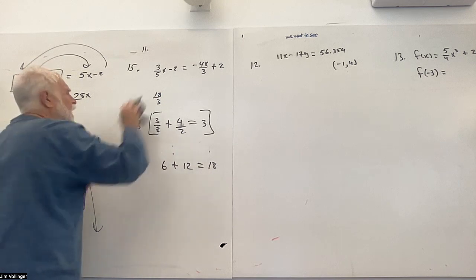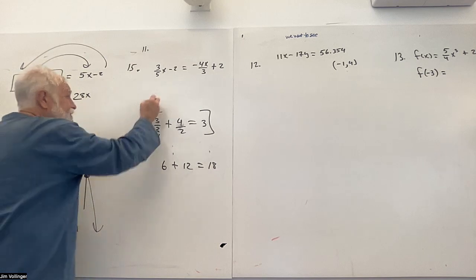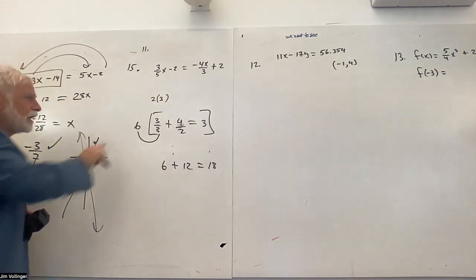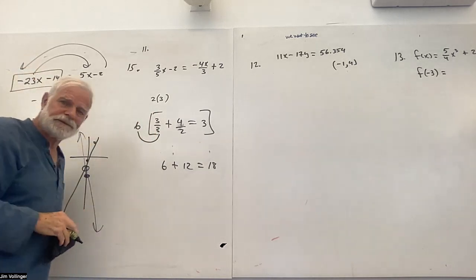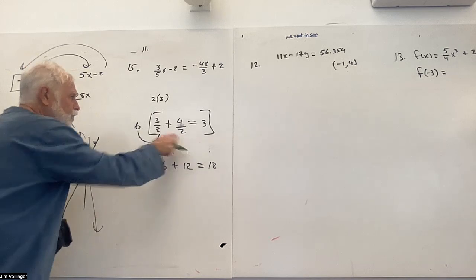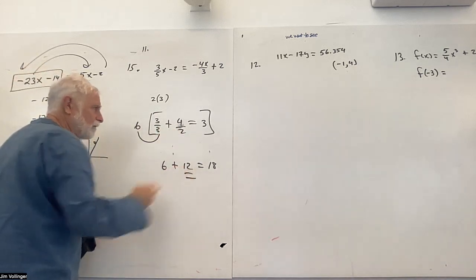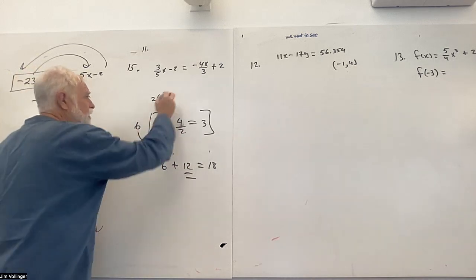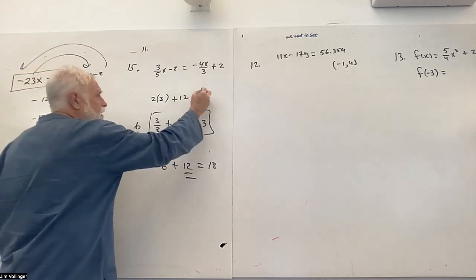But you know, I don't think we want to go that route. I think we want to go 3 into 6 is 2, and 2 times 3 is 6. Instead of getting bigger and then smaller, get smaller then bigger. Just a little easier. 2 goes into 6 3 times. 3 times 4 is 12. So 6 times 2 goes into 6 3 times, so that's going to be 12. And 6 times 3 is 18.